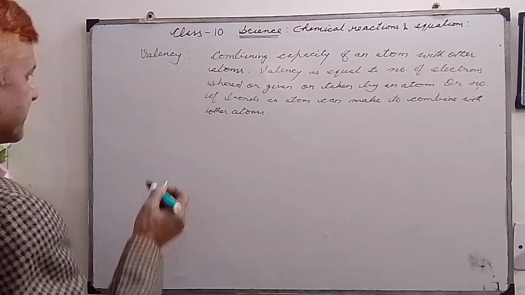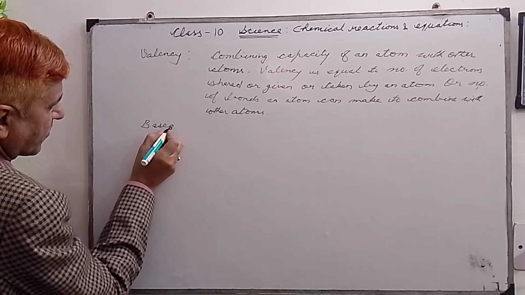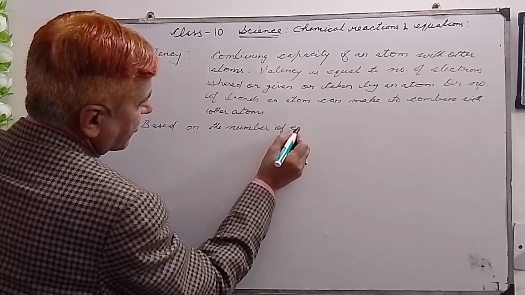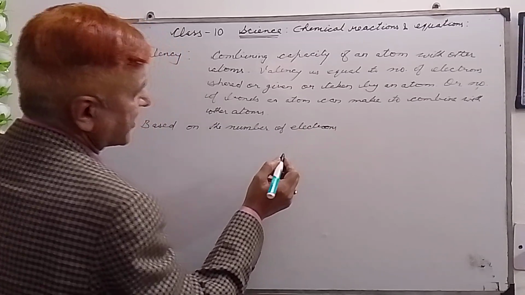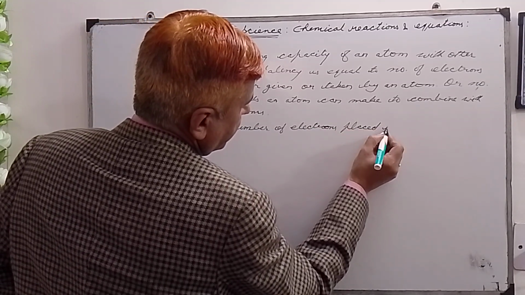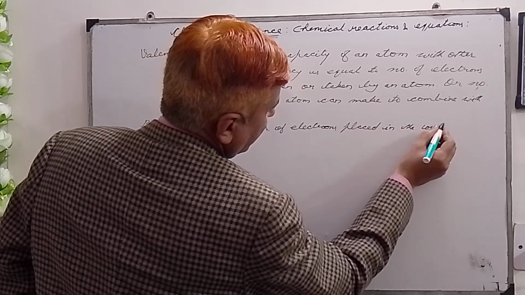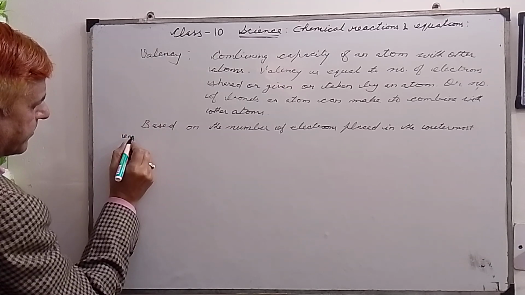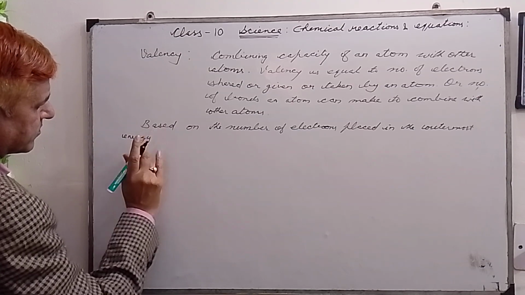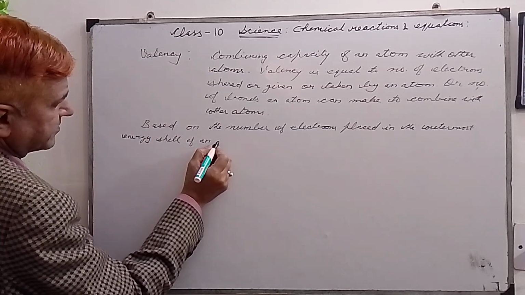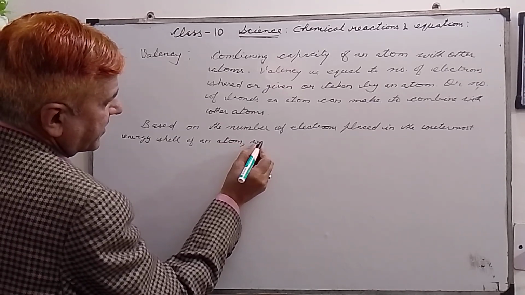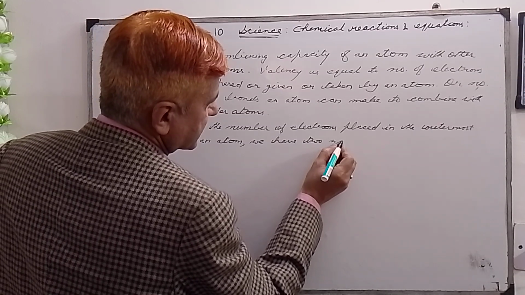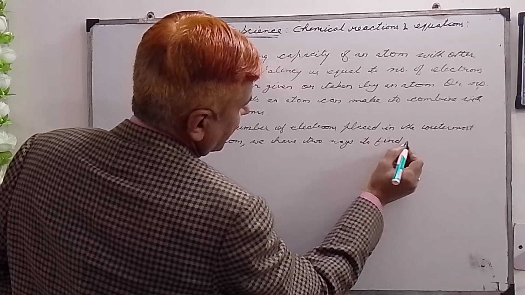Based on the number of electrons placed in the outermost energy shell of an atom, we have two methods to find valency.